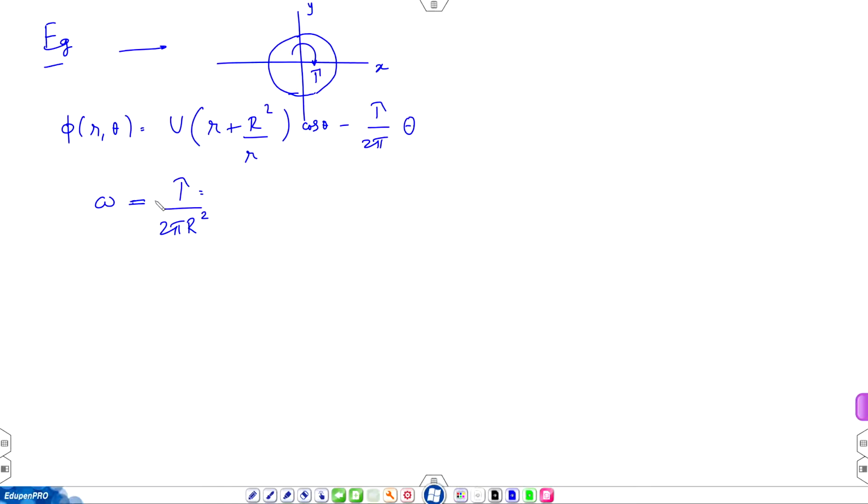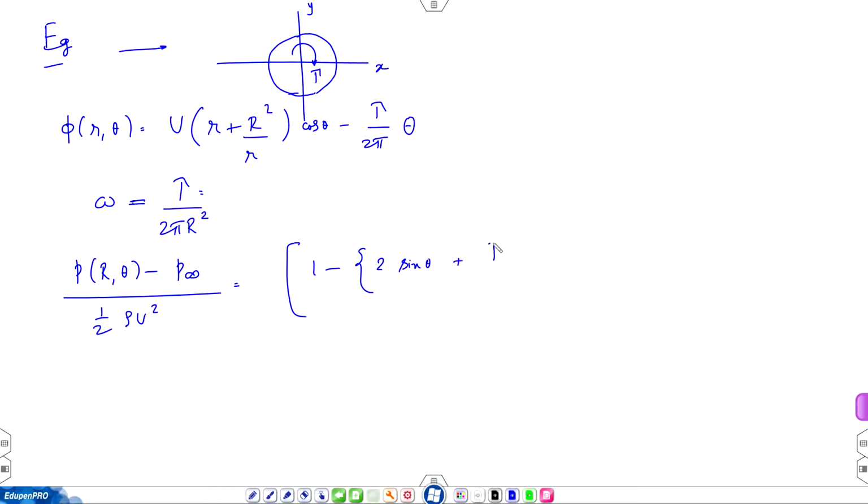So, I will now write down the final result. The pressure distribution is given by 1 minus (2 sin theta plus gamma over 2 pi U r) squared, where gamma is 2 pi r squared omega.